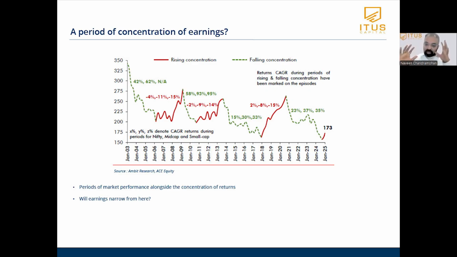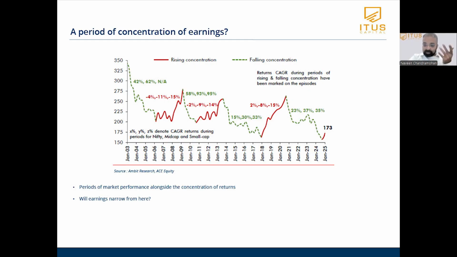So if you plot NSE 500's concentration index over the last 22 years, you will get a plot like what I have shown you in this graph. So you'll see it's a random plot right now, but I'll put some definition into this randomness. So you'll see periods of concentration going down and up. So it's random, right?